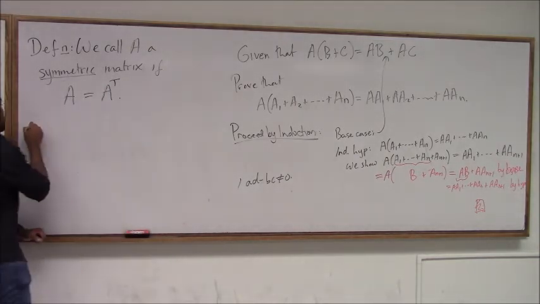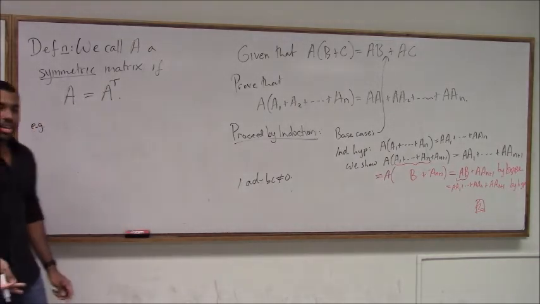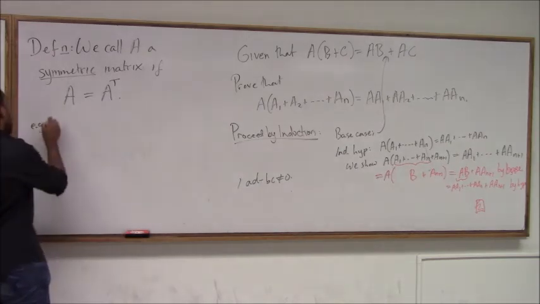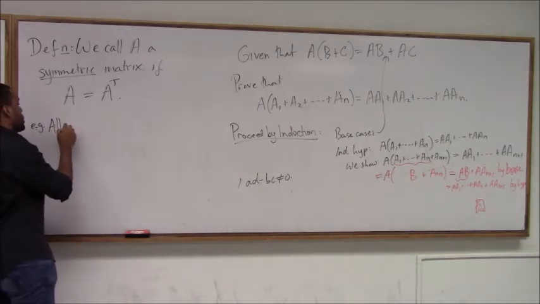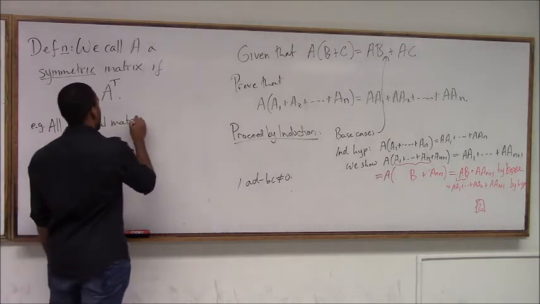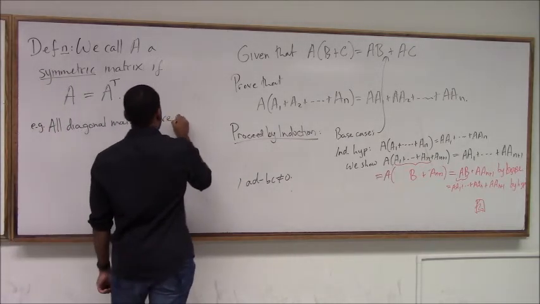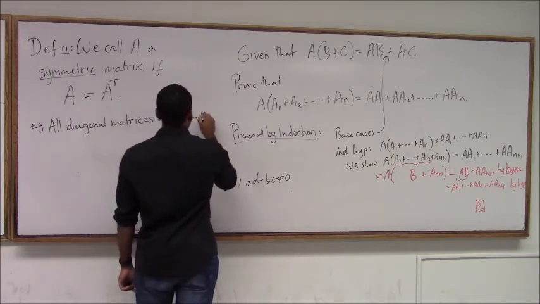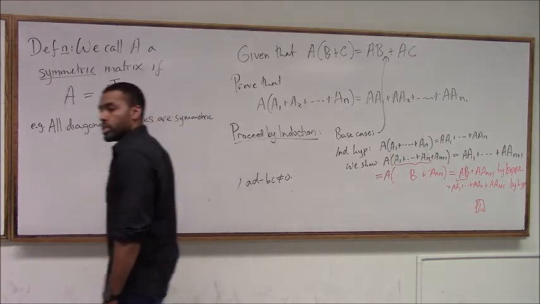So examples, I give you one example that covers an infinite number of cases. All diagonal matrices are symmetric. Every diagonal matrix is equal to its transpose.